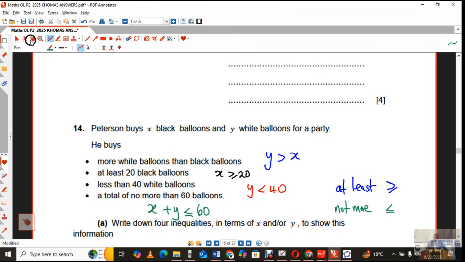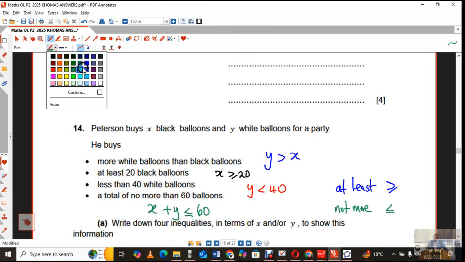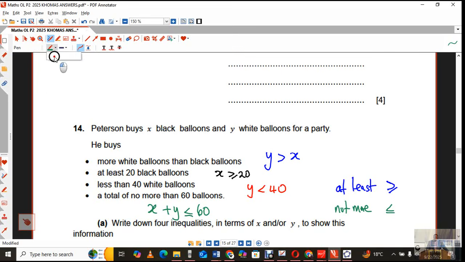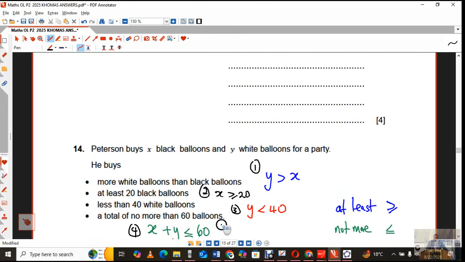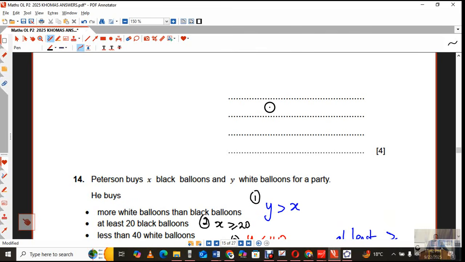So these are my, how can I put it? These are my inequalities, okay? This is the first one, the second one, the third one, and the fourth one. Write down these inequalities and let's write them in our places. So the first one is Y is greater than X. The next one is X is greater than or equal to 20.